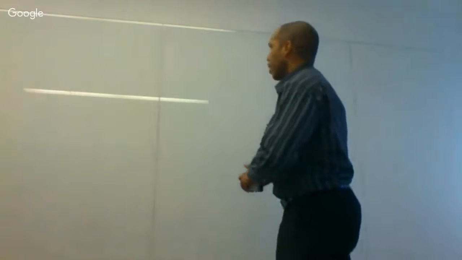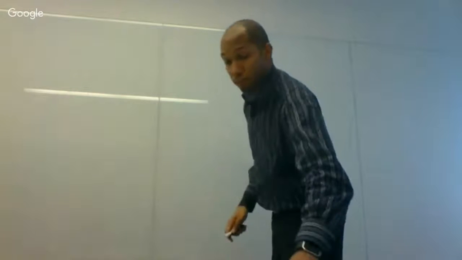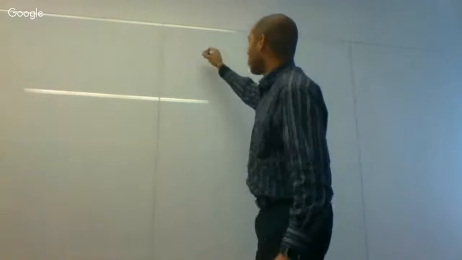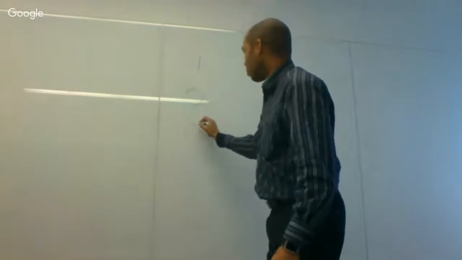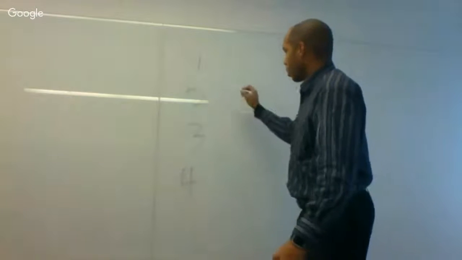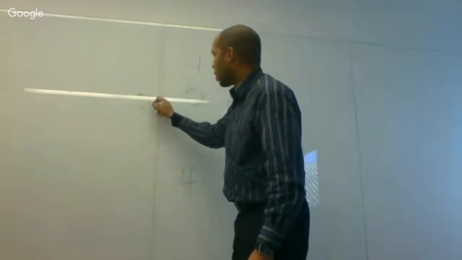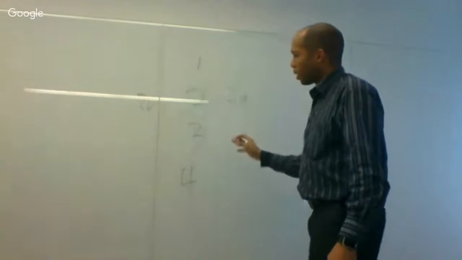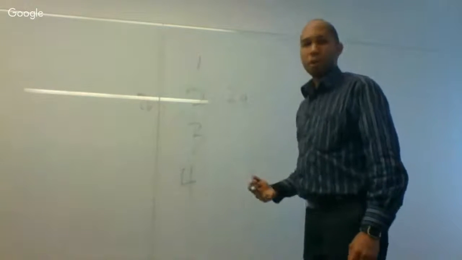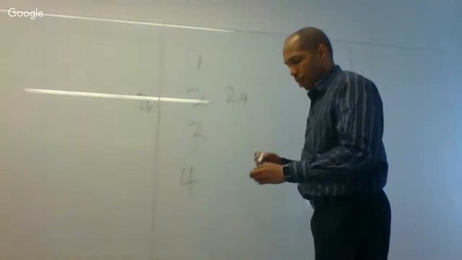So essentially, and even more simply, you have your step 1, your step 2, your step 3, your step 4, and then you have different options. You have your 2A and your 2B.